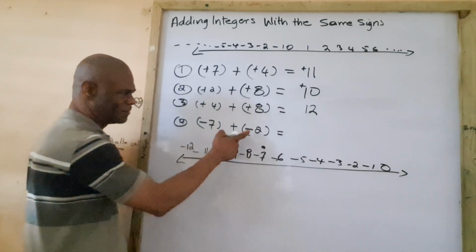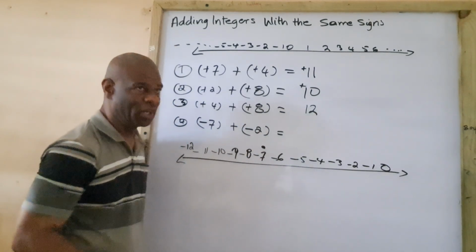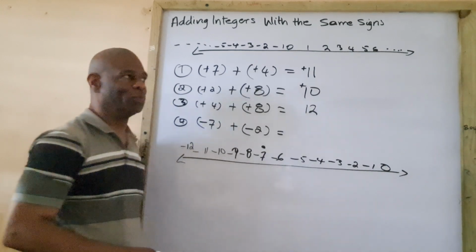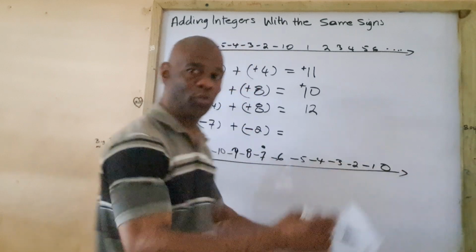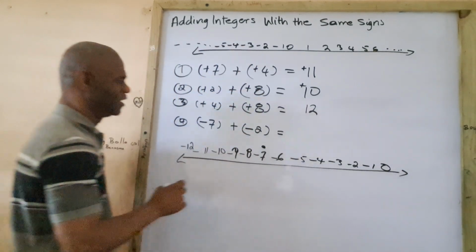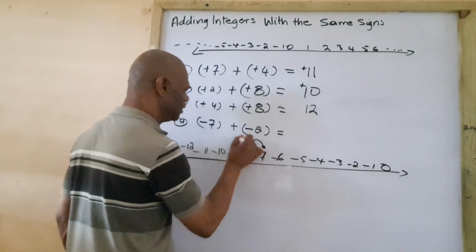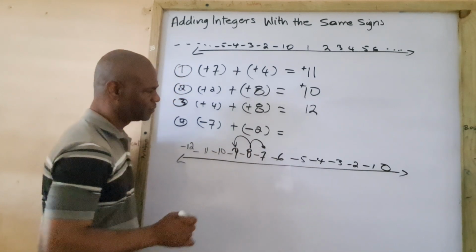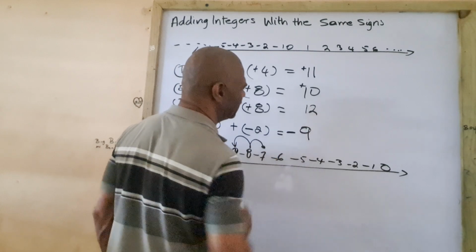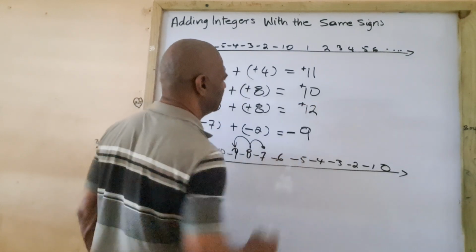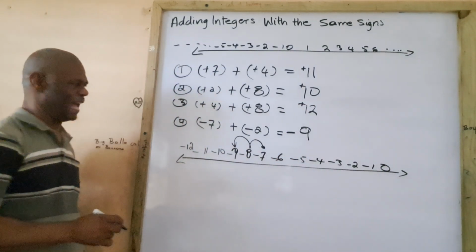So in this case, we have a negative sign, so we are going to move to the left, right? And how many places? 2 places to the left, alright? So we go 1, 2, good? So we would have now negative 9, right?